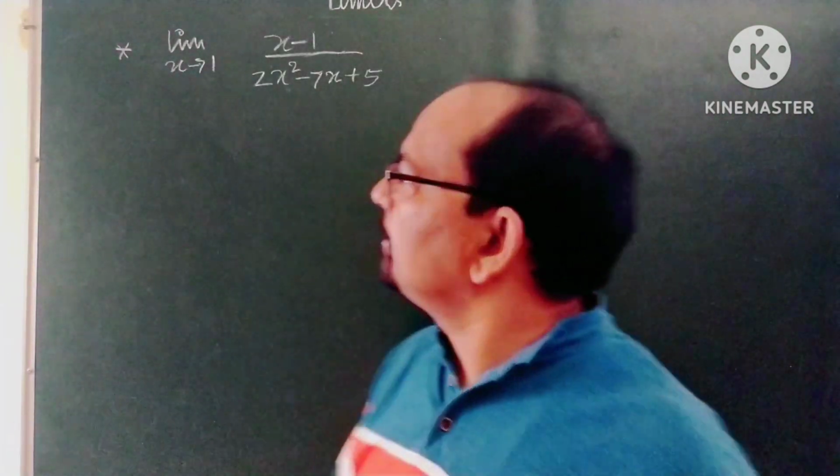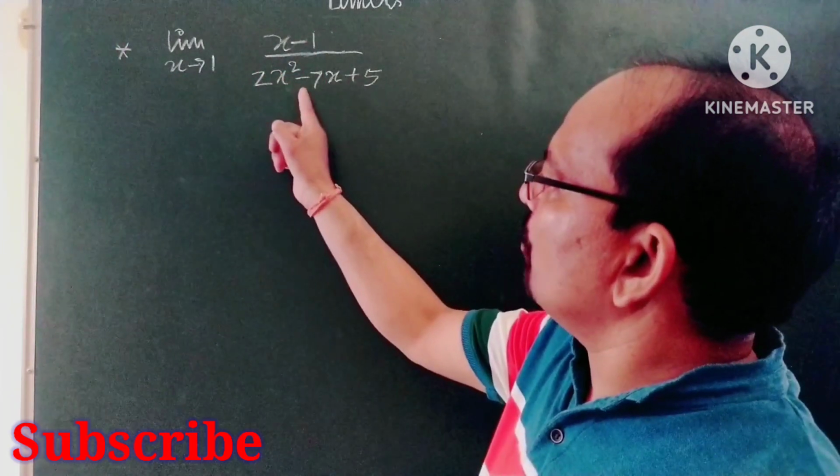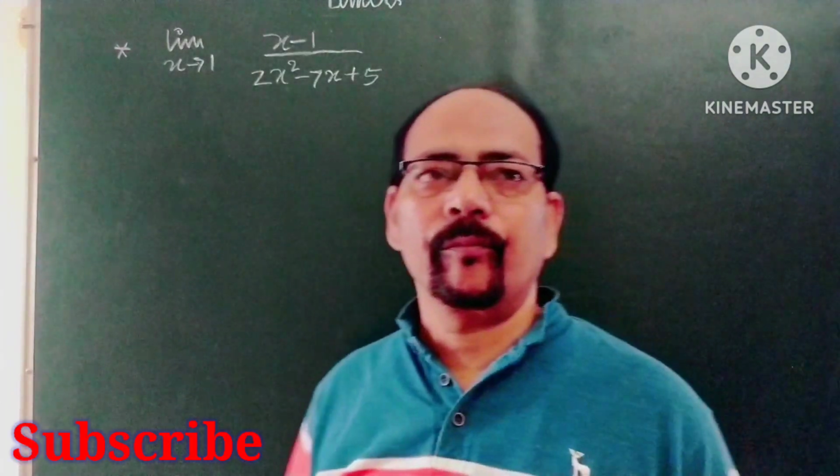Next question is: find the limit of (x minus 1) upon (2x square minus 7x plus 5) as x tends to 1.